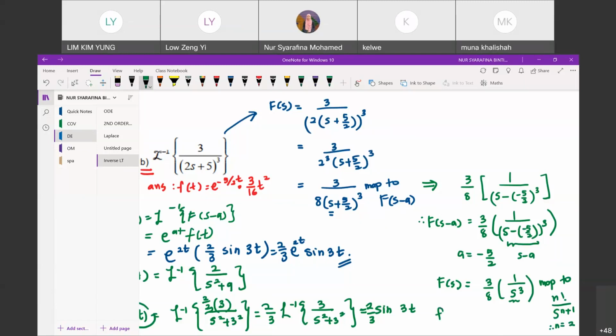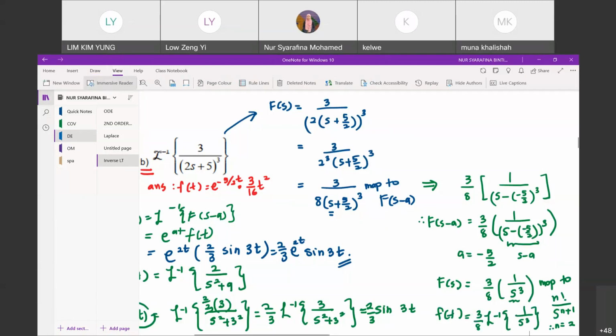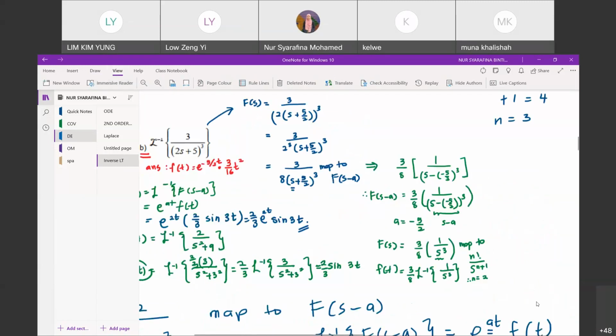Then this function of s can be inverse transformed, okay, where this can be written as s cubed, s cubed. So what? This is 3 and n is 2, so this one should be factorial, but we have 1 here, so multiply with 1/2 factorial. Okay, up to this point, are you following this?